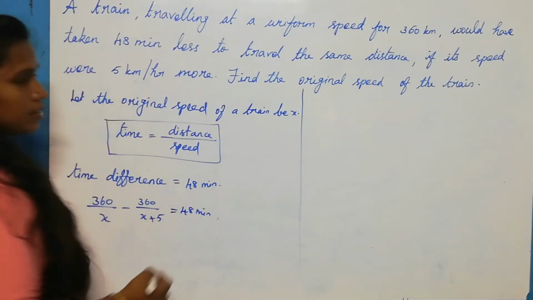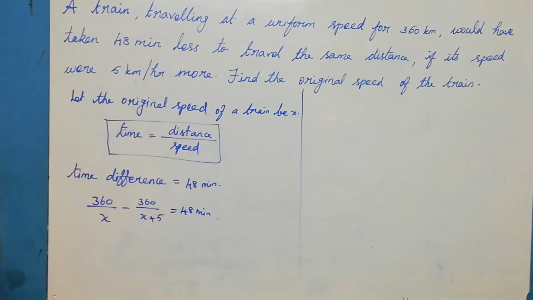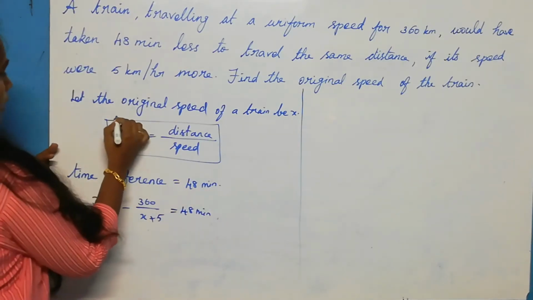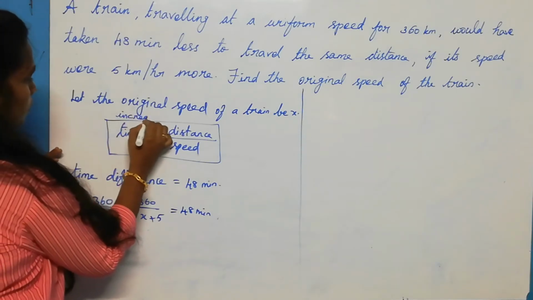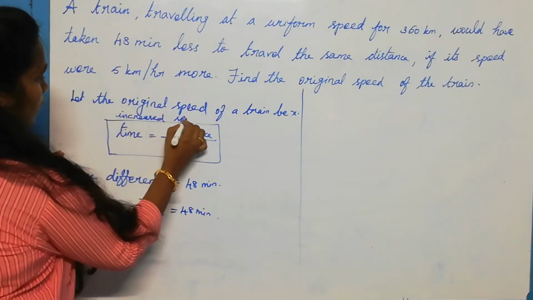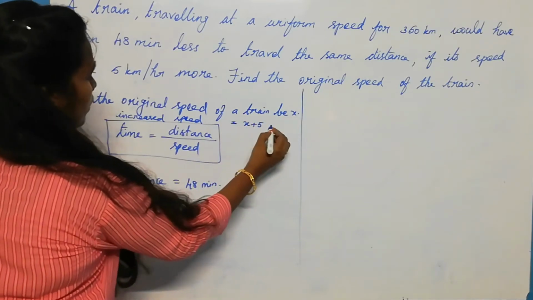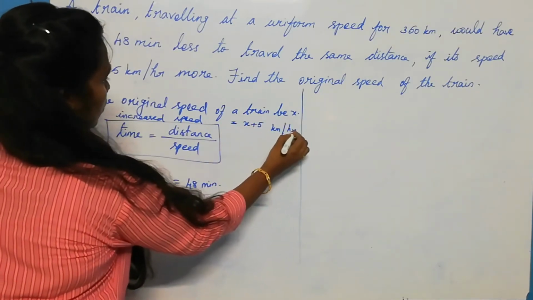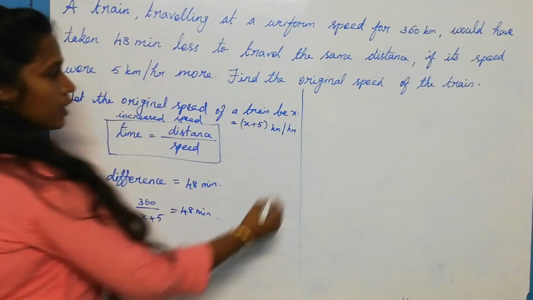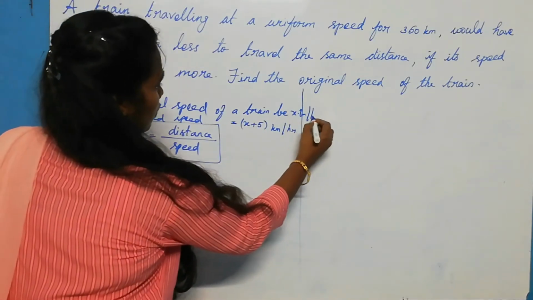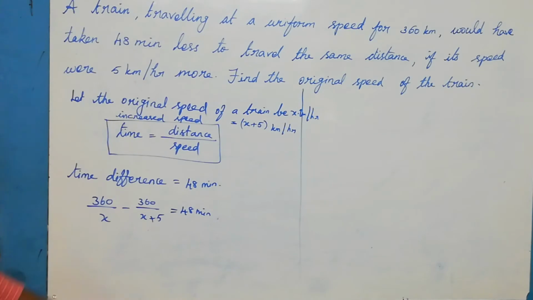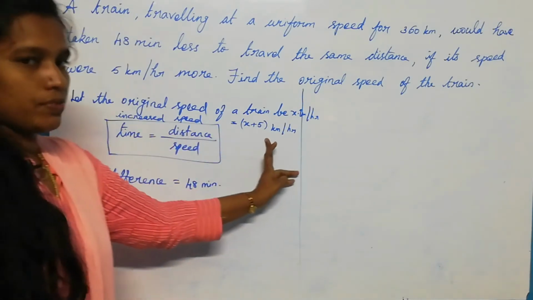Next, here we can write increased speed. Increased speed is equal to x plus 5 km per hour. Here x km per hour.